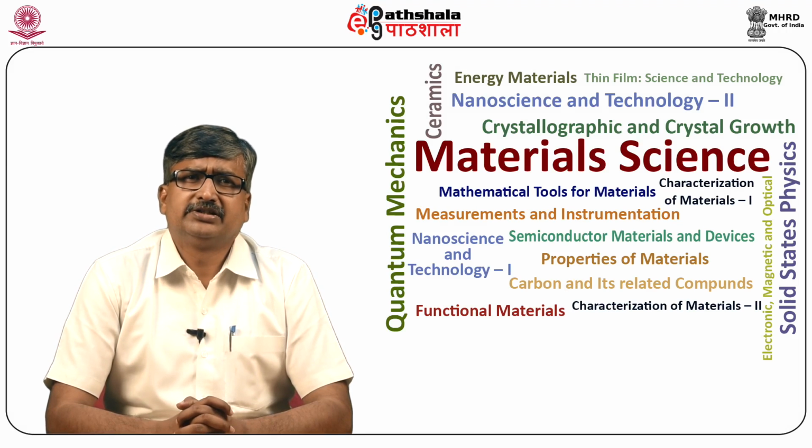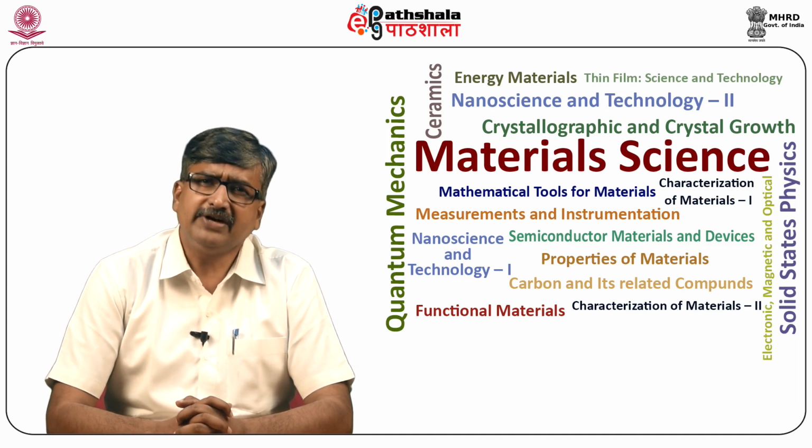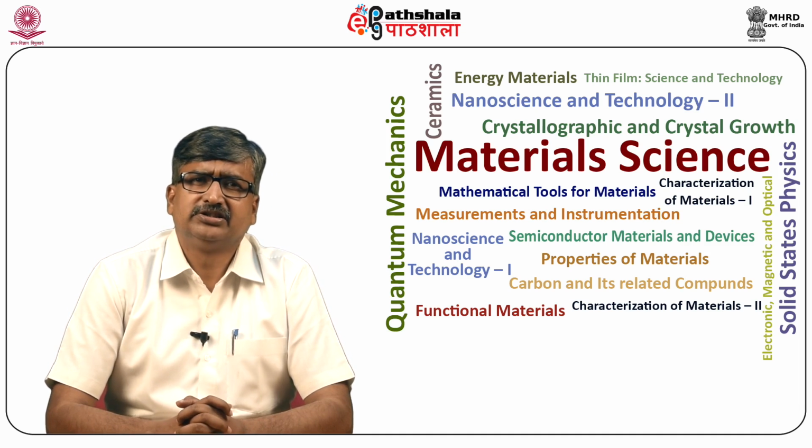So students, let us see what we are going to learn in this module. Depending upon the quantum confinement, the electron in a nanostructure can be of 0D, 1D, 2D and 3D.